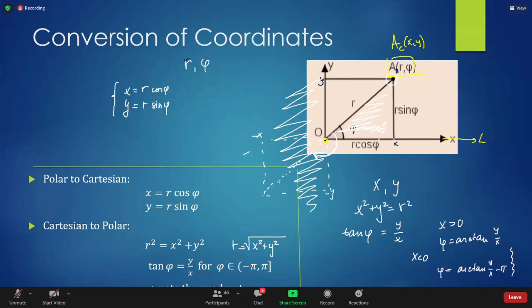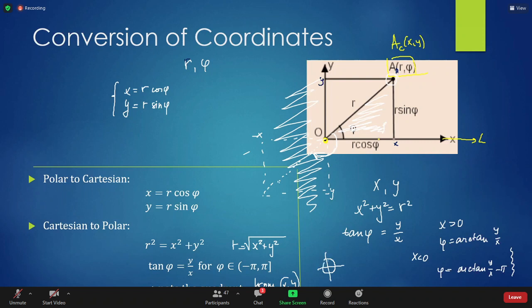Do we also consider the y values, if the y value is negative? That would be perfectly enough, because the thing is that arctangent is defined for the right half plane. If you remember anything from trigonometry, the range of arctangent is from minus pi half to plus pi half.